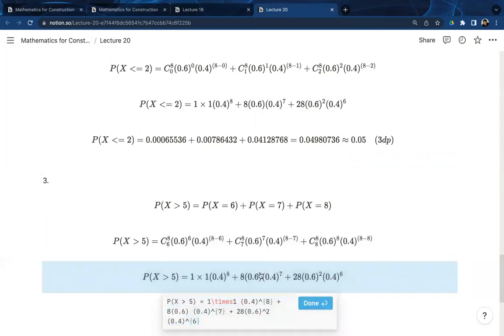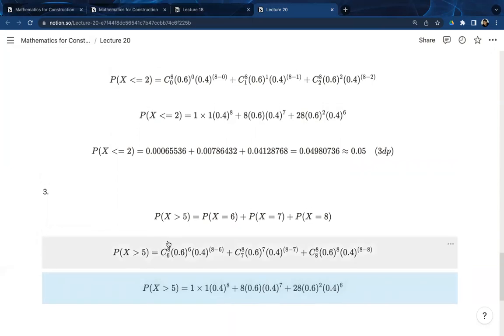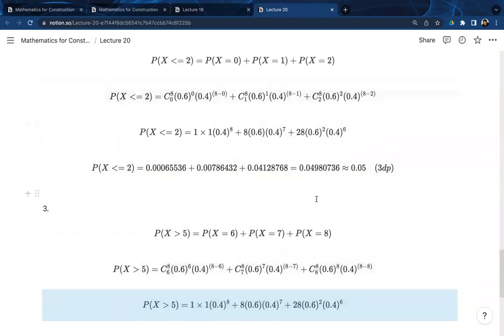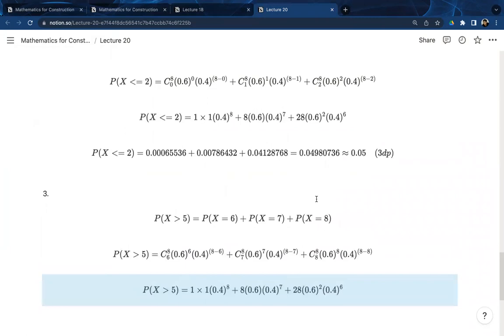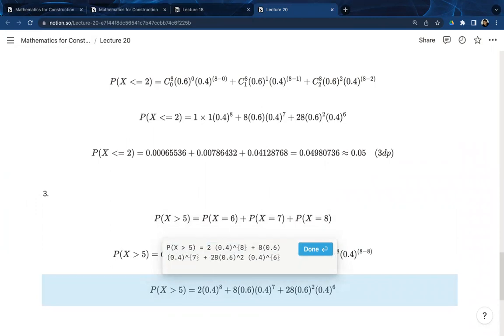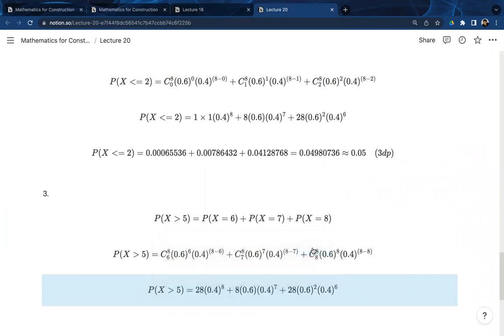So what is 8 choose 6? 8 choose 6 is the same as 8 choose 2. Right? Which is 28. 28 times 0.6 to the power 6.